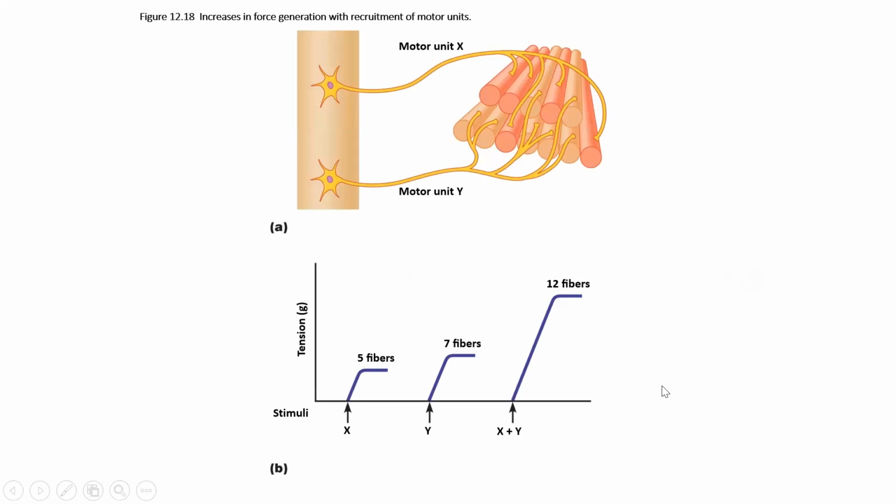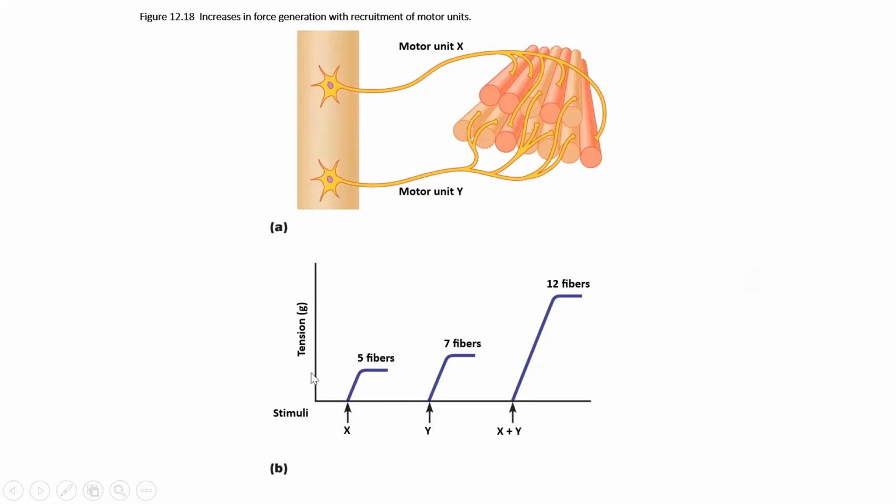All right, so here's a little bit of an illustration which shows what recruitment looks like. So basically we start off with motor unit X, and motor unit X is a smaller motor unit. It's got 5 fibers attached to it. And so when we stimulate motor unit X, we're going to generate, let's say, a smaller amount of tension here.